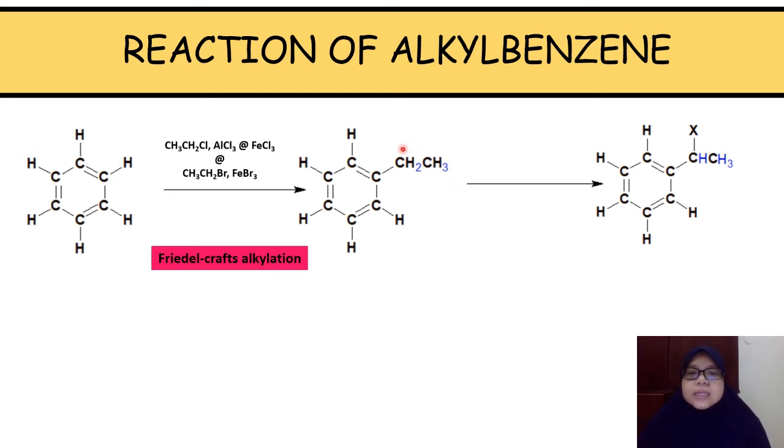You will get this alkylbenzene, for example. How do we replace one of the hydrogens of the alkyl group with a halogen? We will use halogen X2 in CH2Cl2 in the presence of UV, like in the reaction of alkene. This is a halogenation reaction.